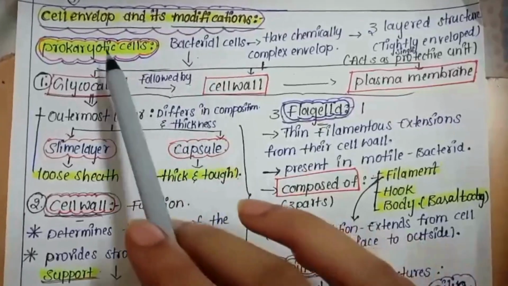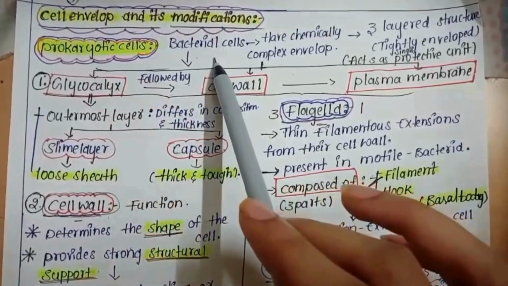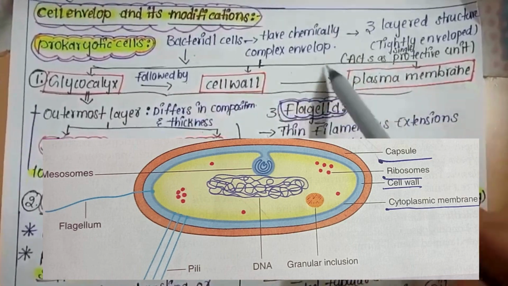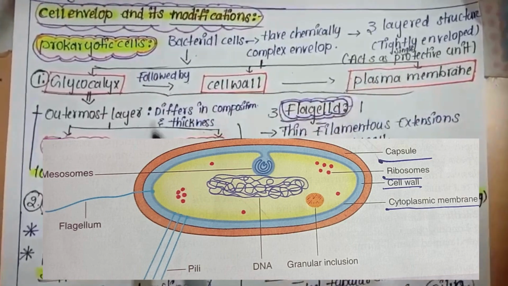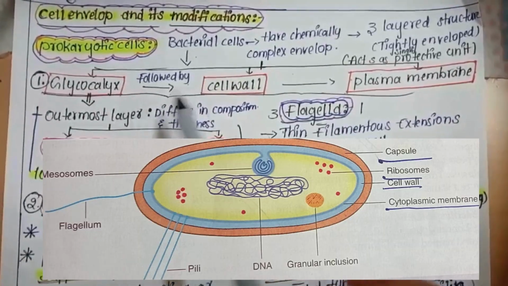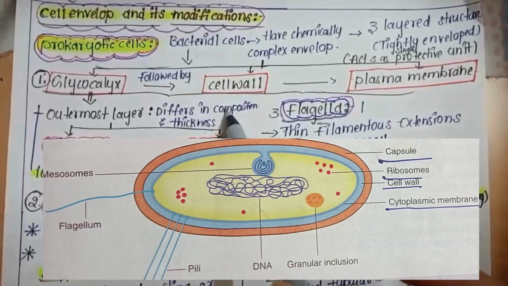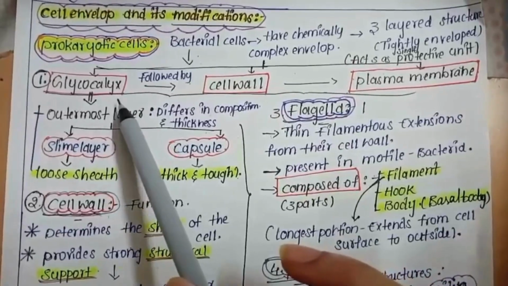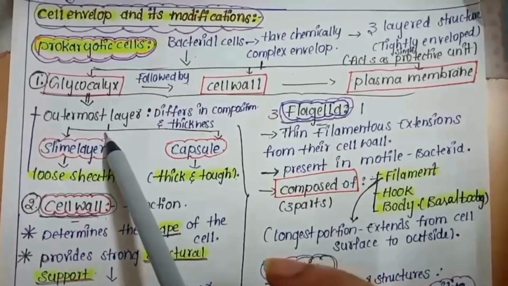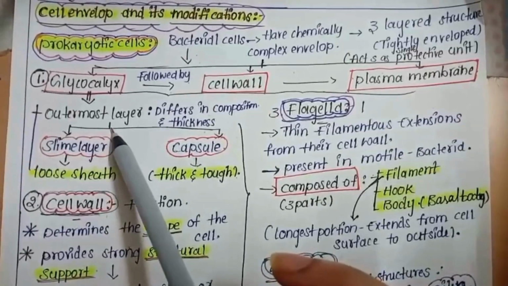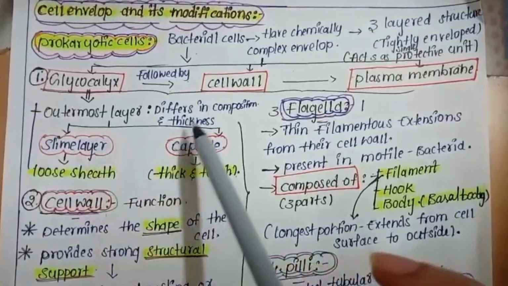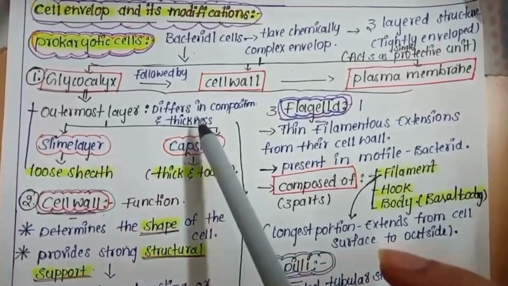Let's discuss the cell envelope and its modifications. The bacterial cell is composed of a 3-layered complex cell envelope which consists of the glycocalyx followed by the cell wall and cell membrane. Coming to the glycocalyx, it is the outermost layer, made up of polysaccharide macromolecules, differentiated into two types based on its composition and thickness.